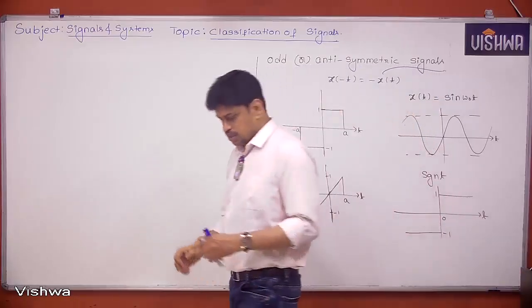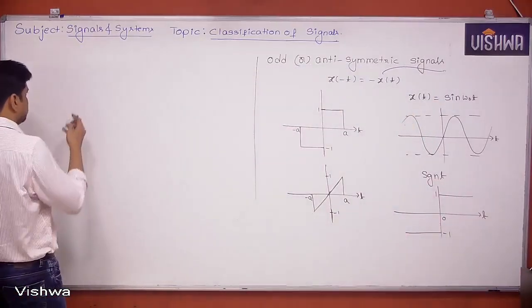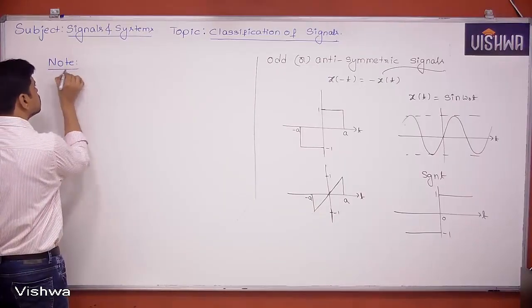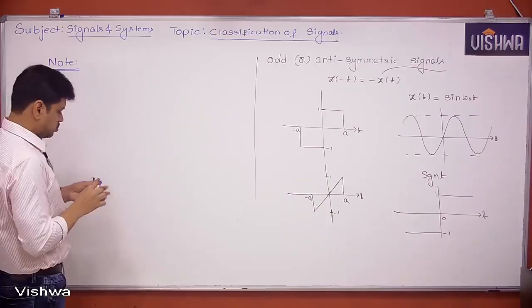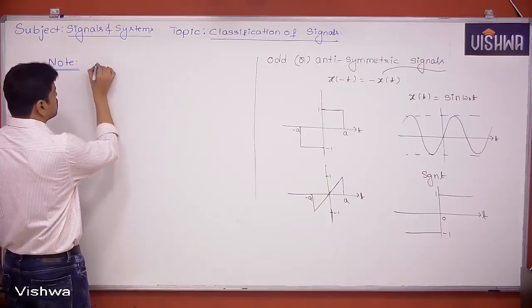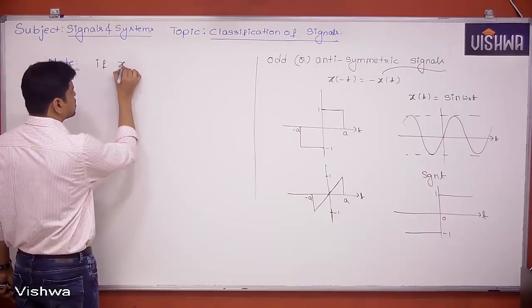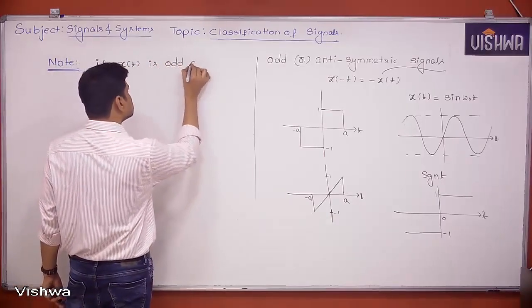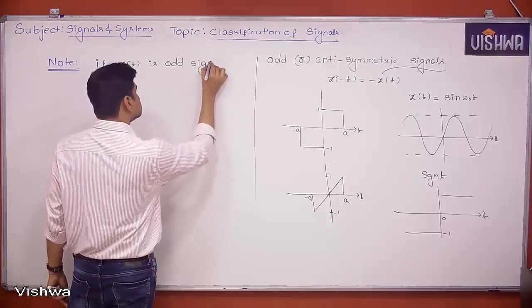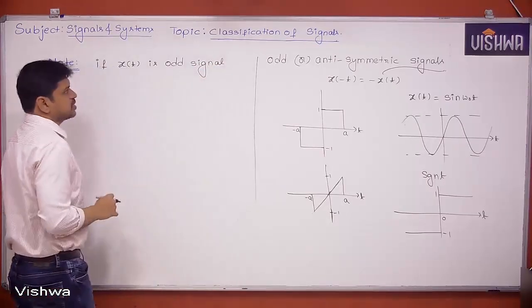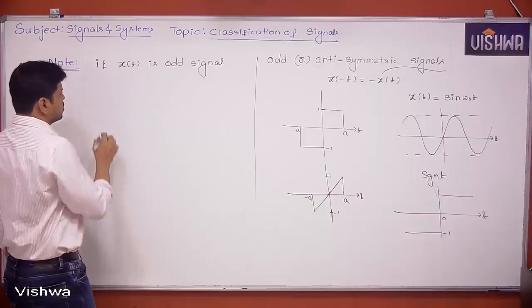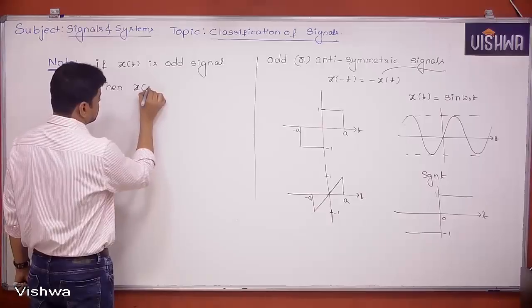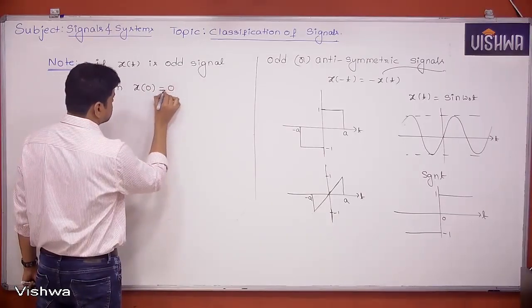Is 0. So remember this very important point. If x of t is an odd signal, then x of 0 is equal to 0.